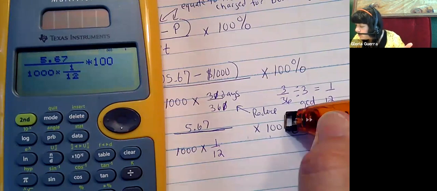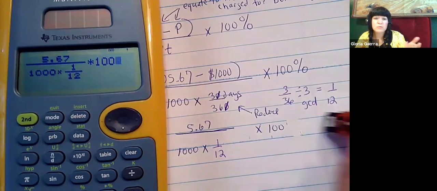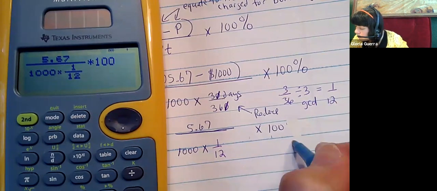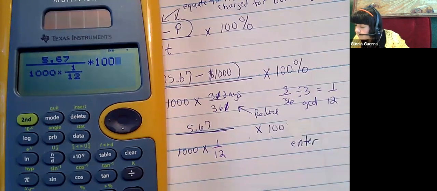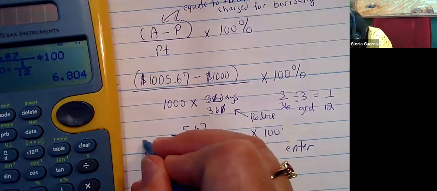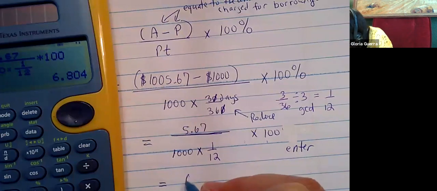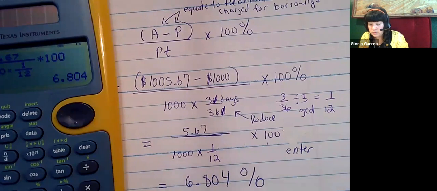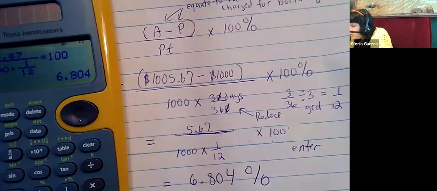That means that your answer is in a percent. So don't put the percent on there. It's times 100, and then hit enter. Let's see what we get. So we get 6.804. Now you put the percent there. Yes, and that does match what I have. Okay. So that'll work.